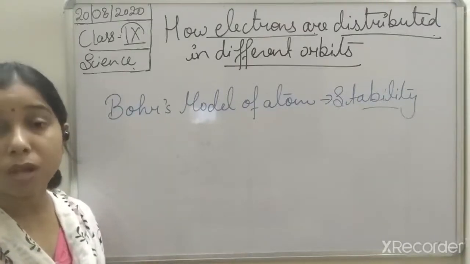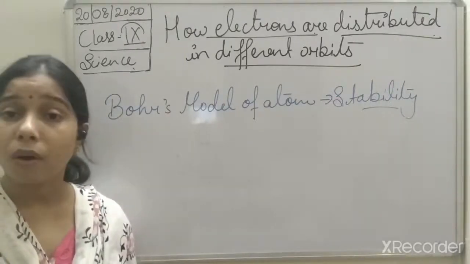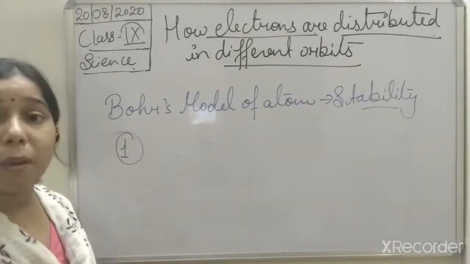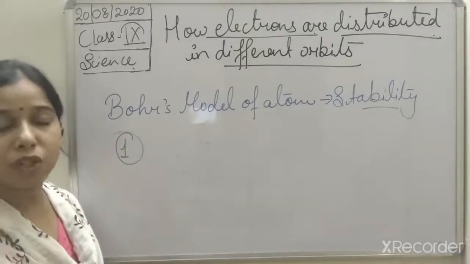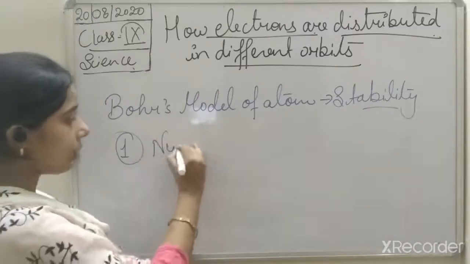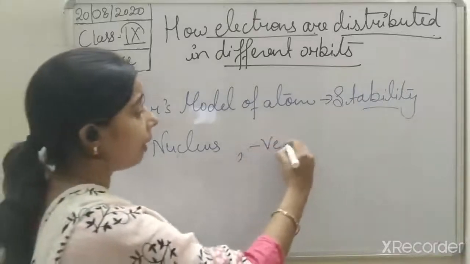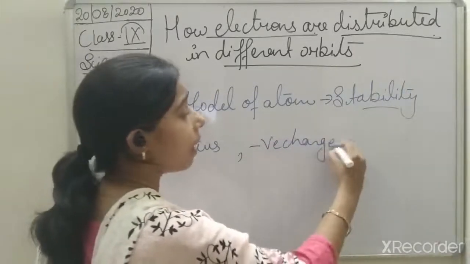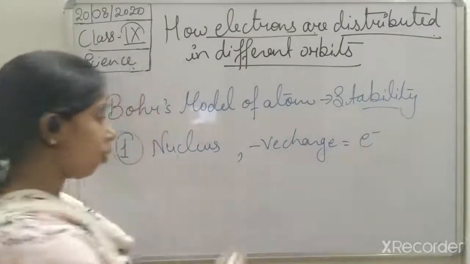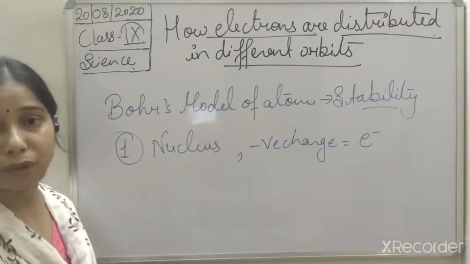Students, the first postulate of the Bohr model of atom was that an atom consists of a heavy positively charged particle that is known as a nucleus, and this nucleus is surrounded by negatively charged particles that are known as electrons. Okay, this was also described by Rutherford.